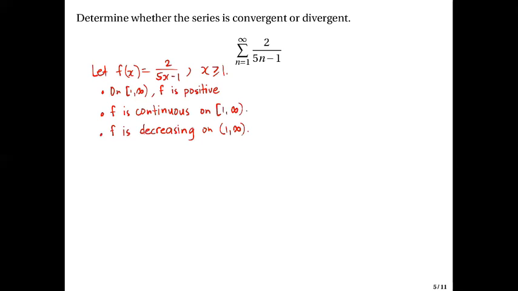And then finally, the most obvious is f of n equal to 2 over 5n minus 1 for n natural numbers. So you have to check these 4 bullets here, and they are all straightforward.